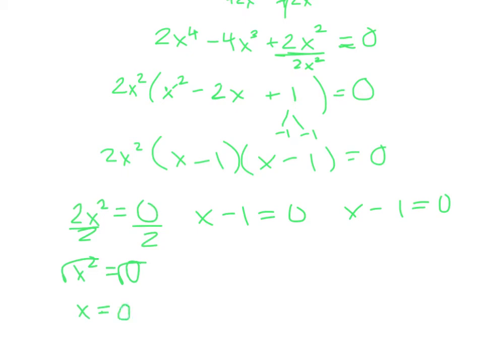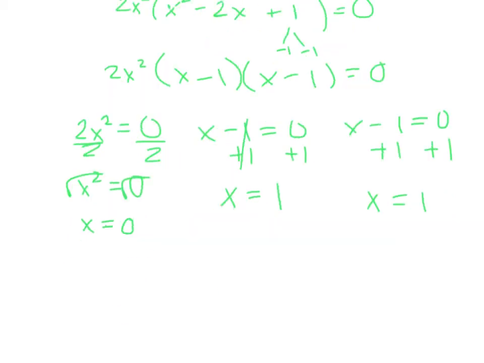And then the next equation, what do we do? Add 1 to both sides. So x is equal to 1. And then we do the same thing for the last one. So x is equal to 1. So our answers here are x is equal to 0 and 1.